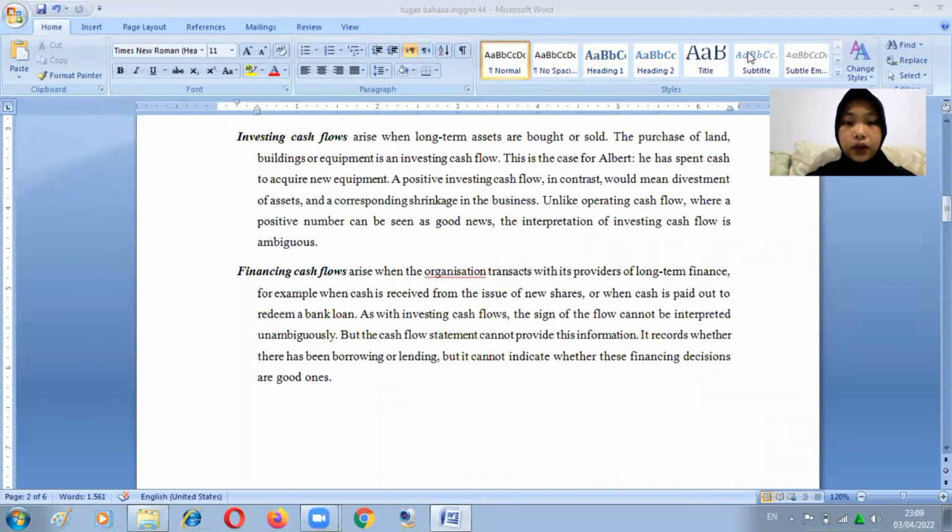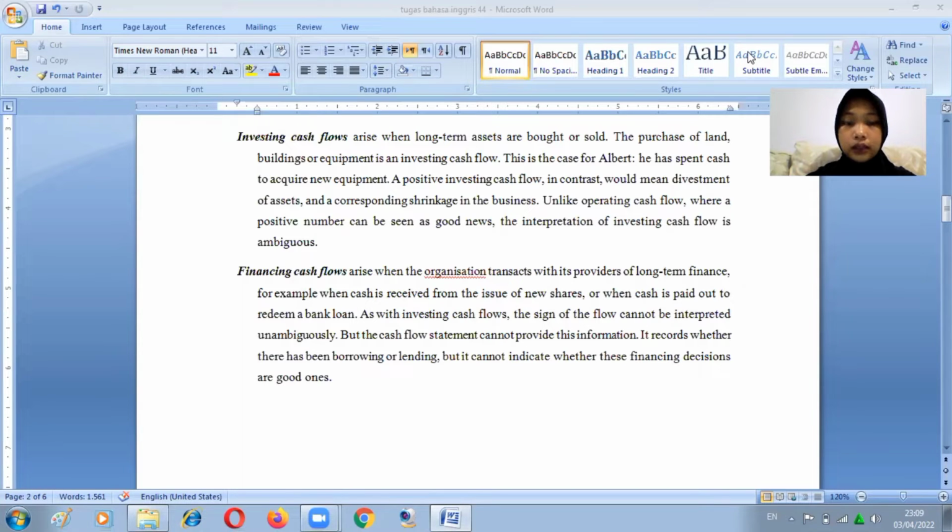Financing cash flow arises when the organization transacts with its providers of long-term finance. For example, when cash is received from the issue of new shares, or when cash is paid out to redeem a bank loan.